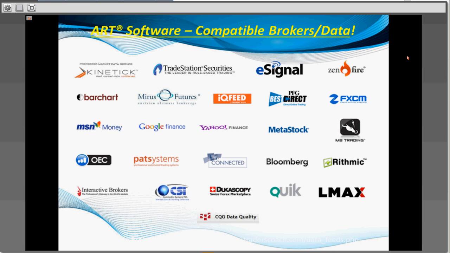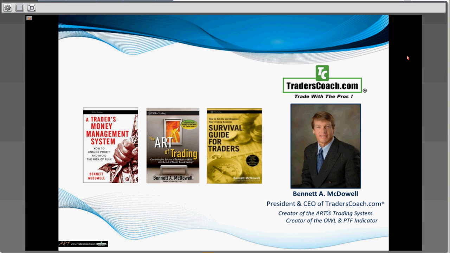So the idea is you may think a platform is not compatible, but it may really be because it has the ability to connect to a variety of different data providers. Multicharts connects to Bloomberg, et cetera. So anyway, all this stuff we can go over again if you want to, but it's pretty compatible and a lot of different features are available.